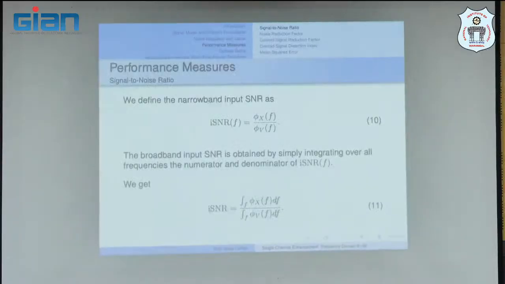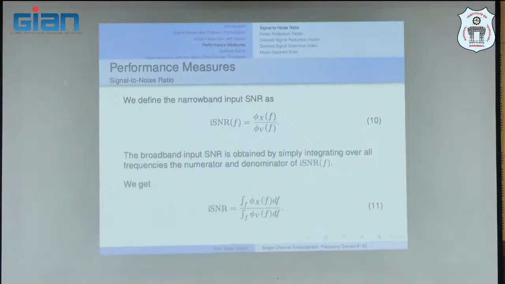Now let's define performance measures. Okay, so of course it's always good to define the input and output signal to noise ratio, which will give us the gain in SNR. So we define the narrowband input SNR. Narrowband means that we compute the performance measure for each frequency. So we have narrowband, and then we have also broadband.